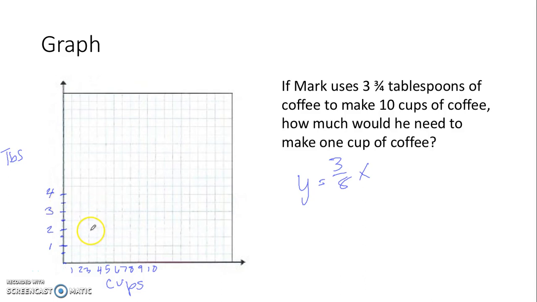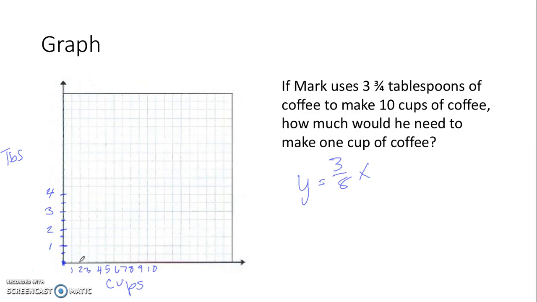We're just going to have to estimate a little bit. It's not going to be completely precise, but you'll see that it's going to make a straight line because it's a proportional graph. Our first point is 0, 0, because when you make 0 cups of coffee, you're not going to need any coffee mix.